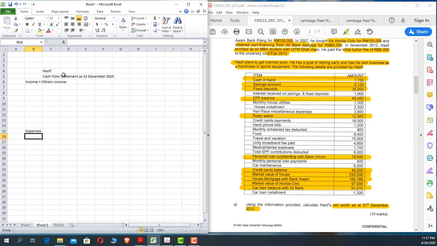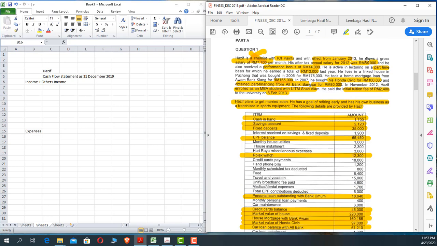Okay, so we identify the income here, and he draw a gross salary of RM7,700 per month. This is only for 2000, effective for January 2013 lah. So just proceed to the 2012 ataupun yang kita tukar kepada 2019, yang ni 2020 lah.